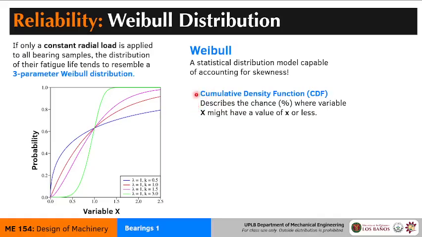For this case, we look at the cumulative density function, which just describes the chance that this dependent variable x will have a value of so and so or less. So essentially, you're just accumulating the tolerance of a particular quantity.